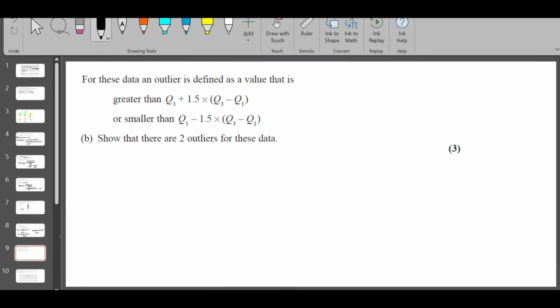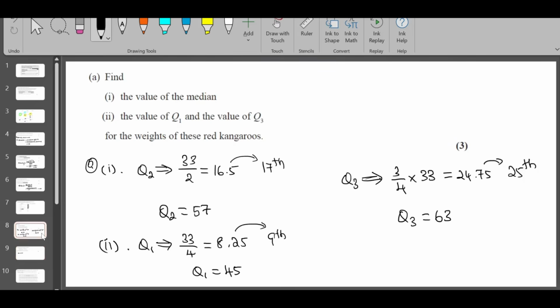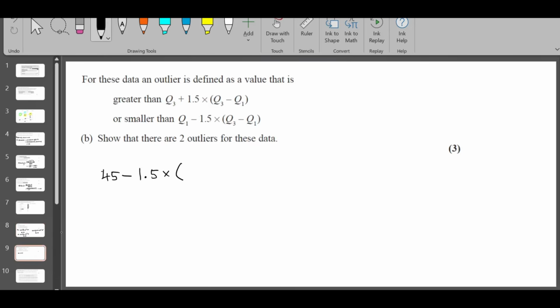For this data, an outlier is defined as a value that is greater than this or smaller than this. We need to find the range. Q1 minus 1.5 times (Q3 minus Q1): Q1 is 45, minus 1.5 times (63 minus 45).